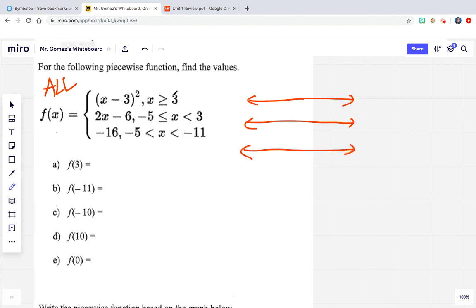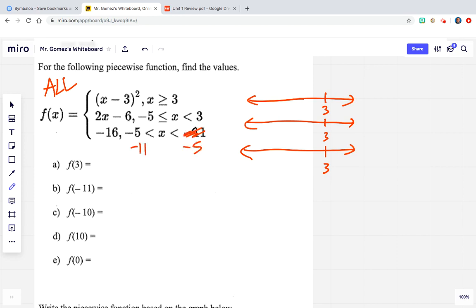We have a 3 and we have a -5. Okay, so the way this is going to be shown is x is greater than or equal to 3. So we're going to say like 3 is here on all of them. And then we also have -5 and -5 here. I believe what this was saying is that this should have been -11 to -5.